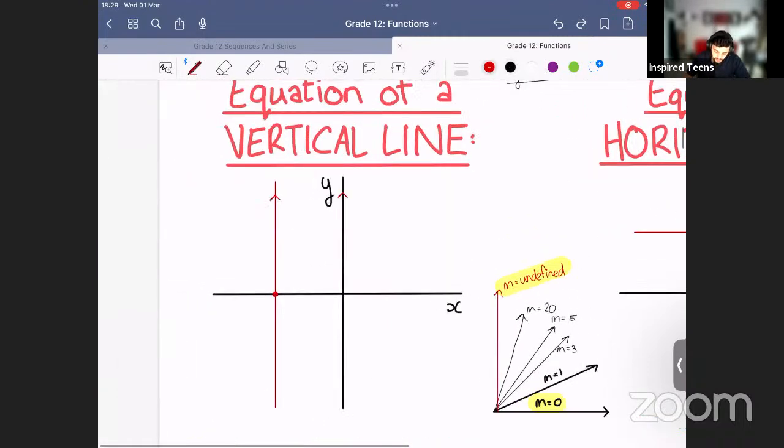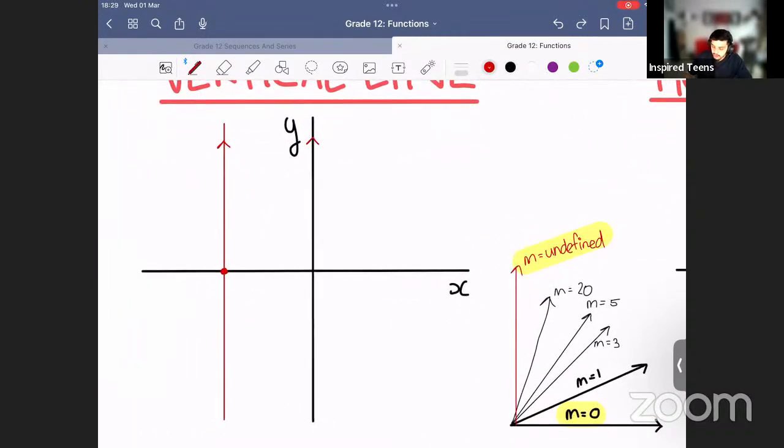The equation of a vertical line is x = its x-intercept. It does not follow y = mx + c, because we just showed that this line has an undefined gradient, so I cannot put it into the formula y = mx + c.